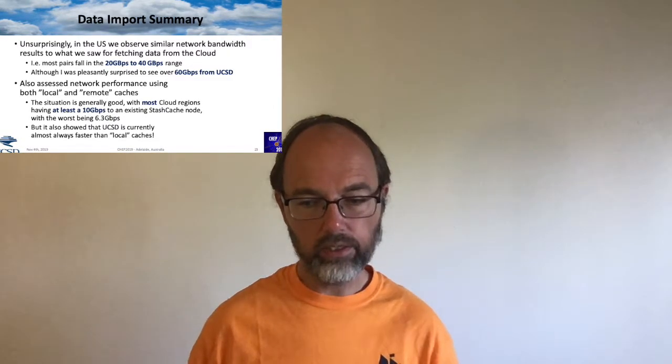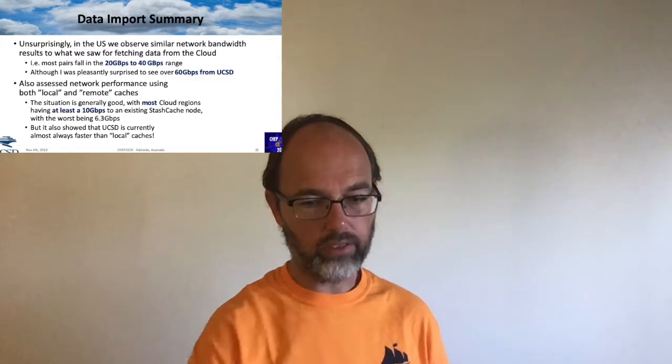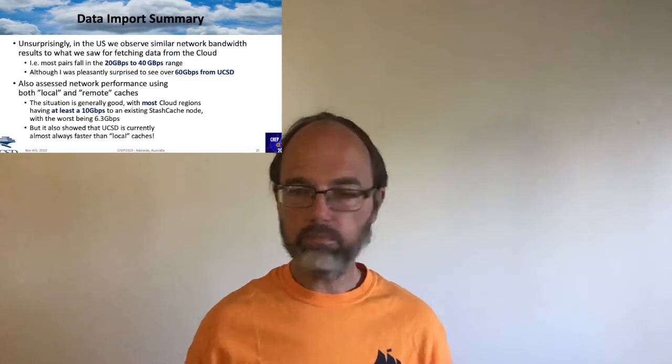I also have some numbers in the following slides regarding performance going to a local cache or a remote cache, because we have only a certain amount of on-prem resources that you can get data from and then into the cloud. And pretty much all the combinations were above 10 gigabits per second, which was good. Just a couple of them were in the 6 gigabits per second range, and you can see all the details in the next few slides.